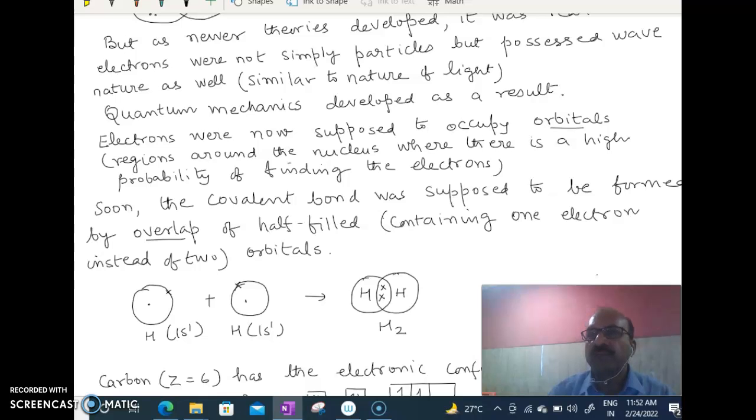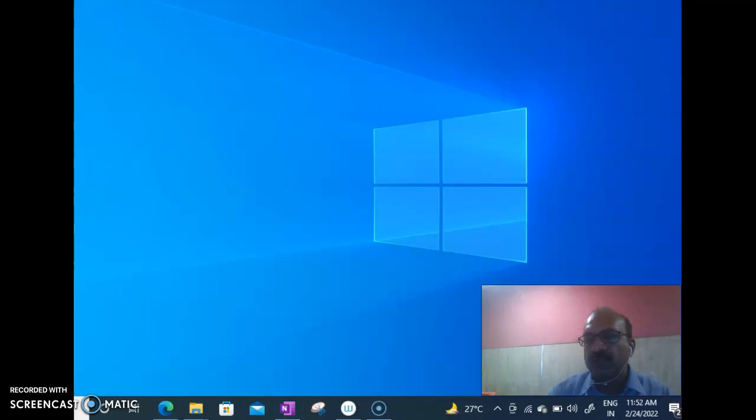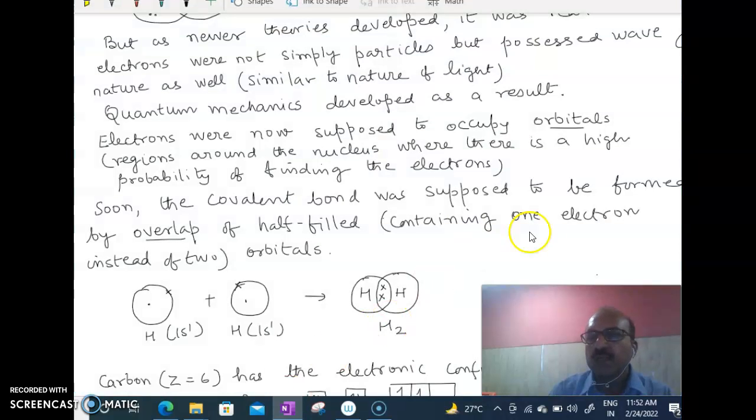The term probability was introduced because, according to the modern concept, it was impossible to know the exact location of the electron because of its wave nature, and therefore we could only talk about the probability of finding the electrons, and those probabilities could be determined by quantum mechanics.